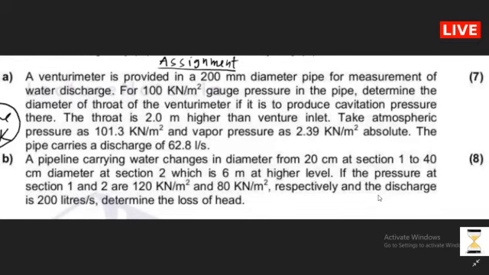In the next class I will provide the solution of this assignment. Two numericals are there. Please write them down, and next class you tell me the answer you got. These are previous year questions from your semester. If you are able to solve them, it is well and good.